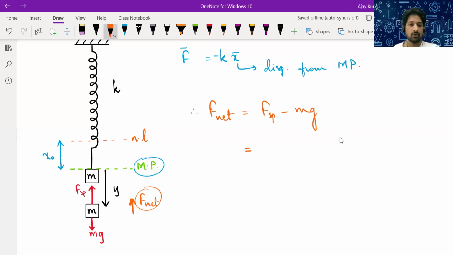Yusuf, tell me, what's the formula for spring force? Any one of you, what is the formula for magnitude of spring force? Spring constant into x.